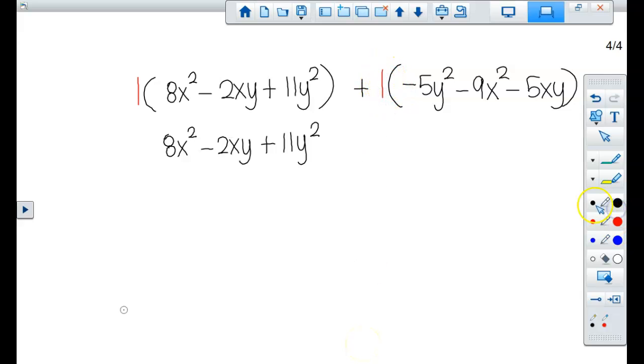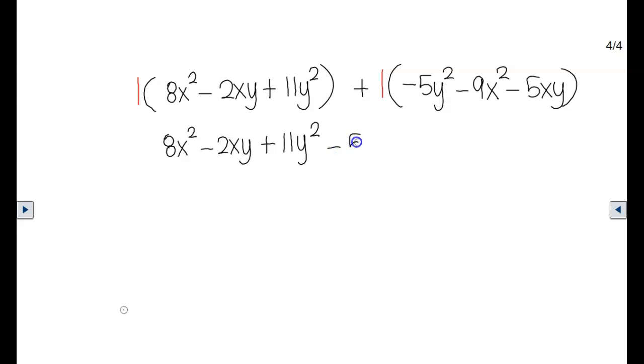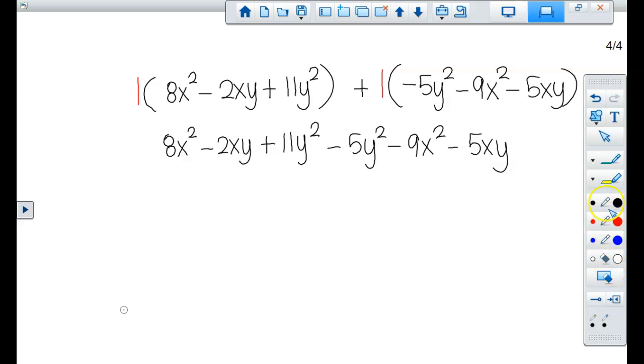And notice, because of that plus sign that is directly in front of him, he is a positive 1. So I do 1 times negative 5y squared, which is negative 5y squared. 1 times negative 9x squared. And 1 times negative 5xy. So again, not one thing changes. We are only distributing positive ones.